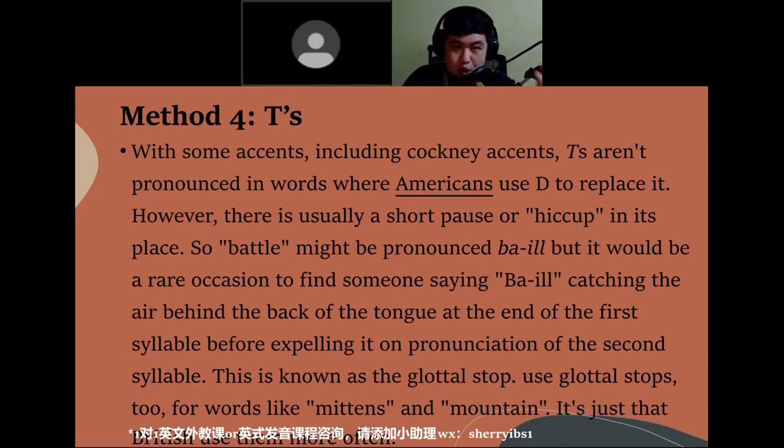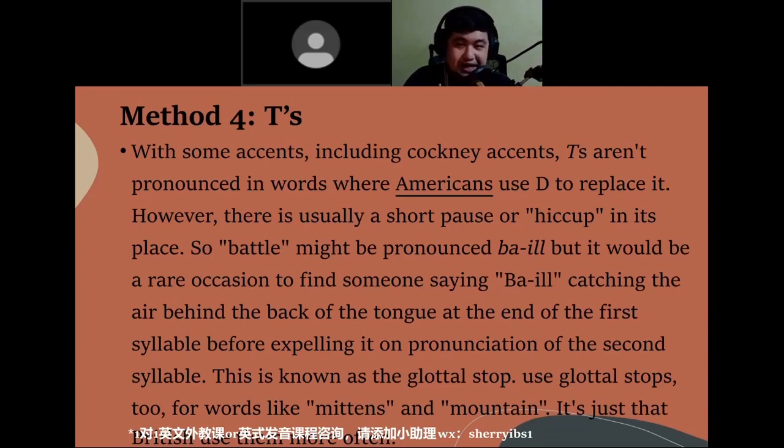You have to pause. Use glottal stops too for words like mittens and kittens in Cockney. Instead of "mountain", it's going to be "moun'ain".